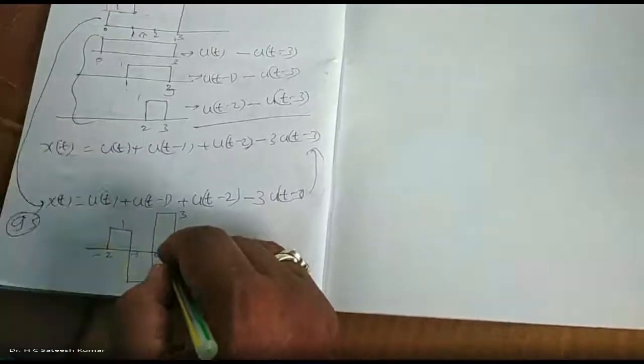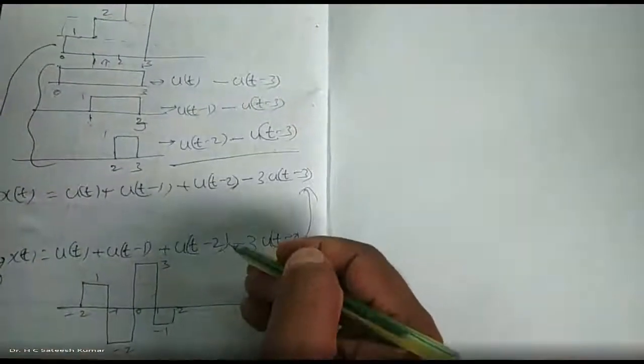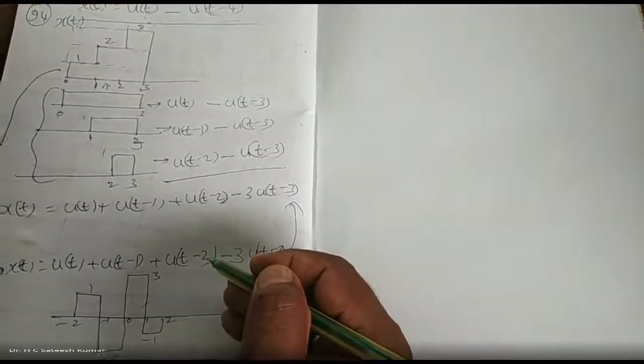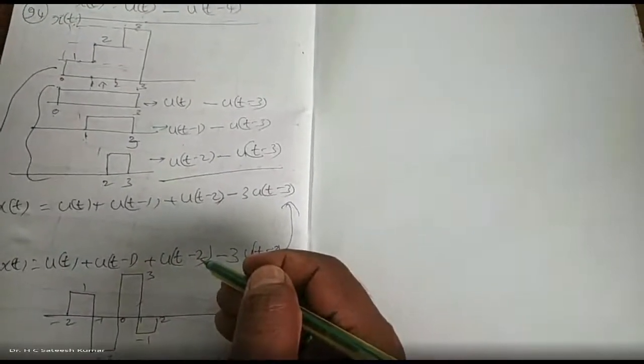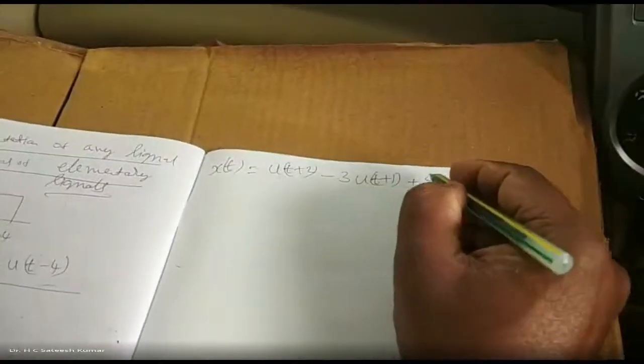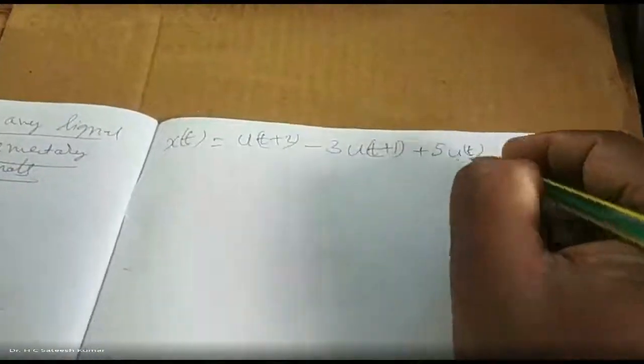Next, at 0 up by here 2 units, here 3, total 5 units, plus 5 u of t at 0.